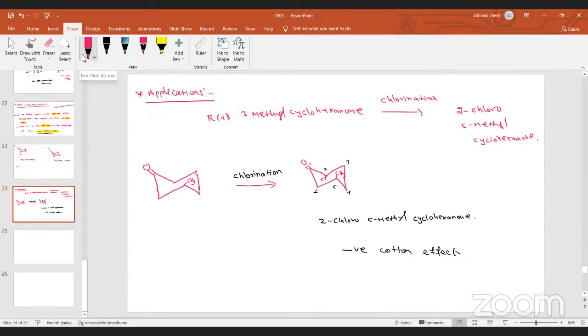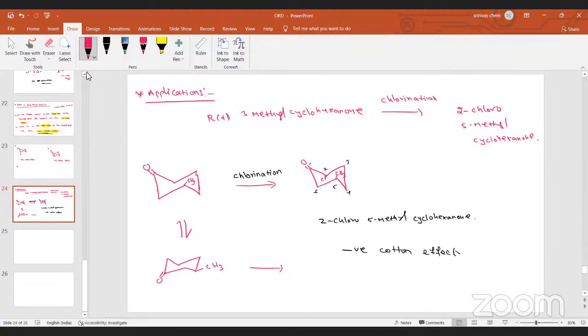Otherwise, the molecule upon ring interconversion, by rotation, will form this configuration with the methyl in the equatorial position.